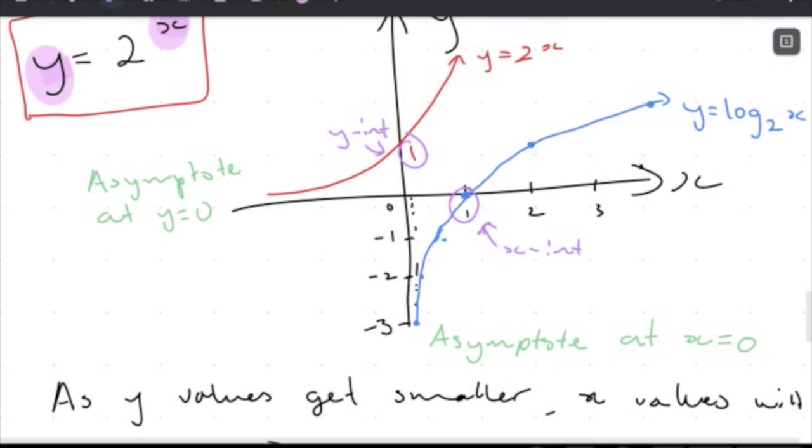When one has an x-intercept of 1, the other has a y-intercept of 1. When one has an asymptote at y equals 0, the other has an asymptote at x equals 0. As one starts off slowly and shoots up quickly, the other starts off quickly and then shoots up slowly.